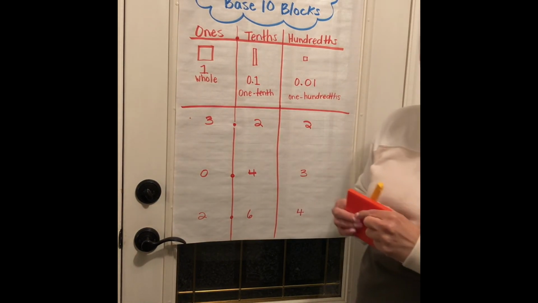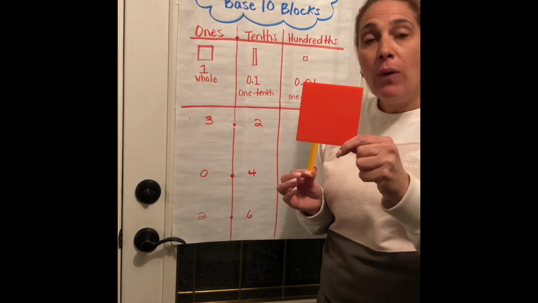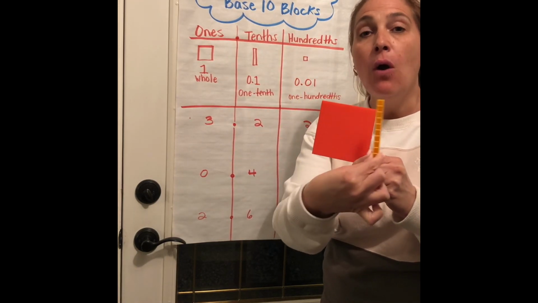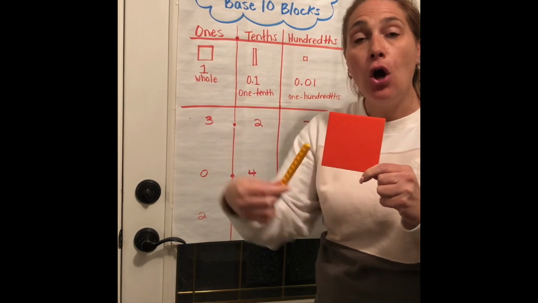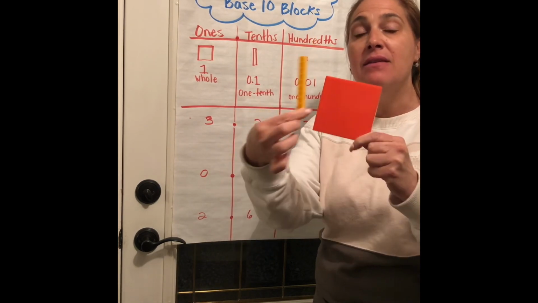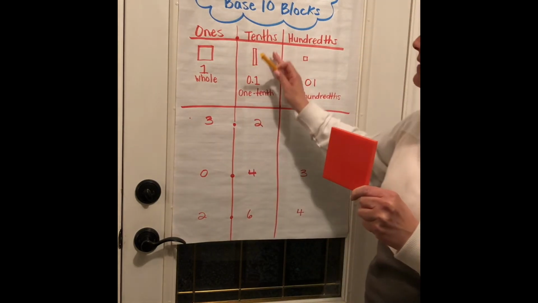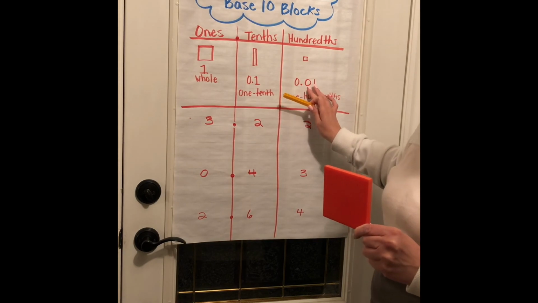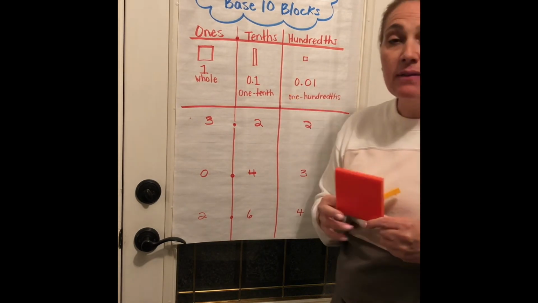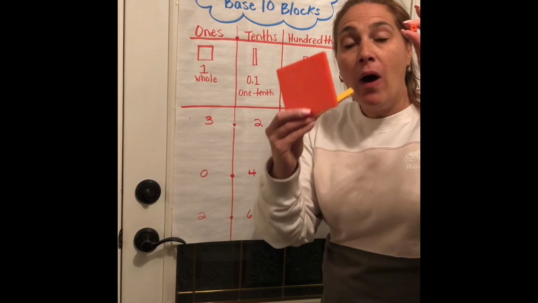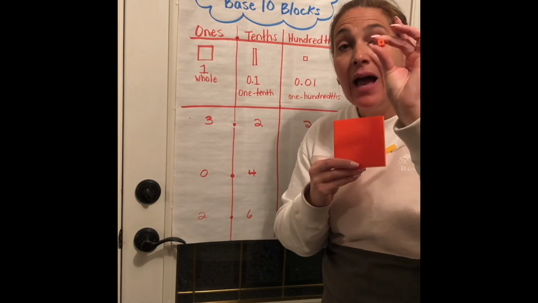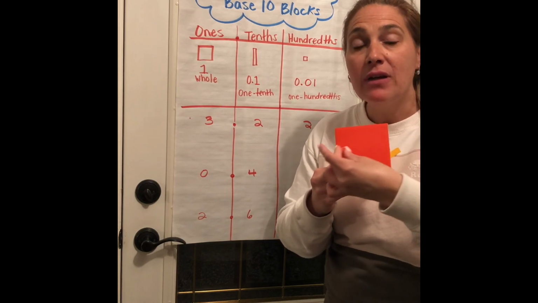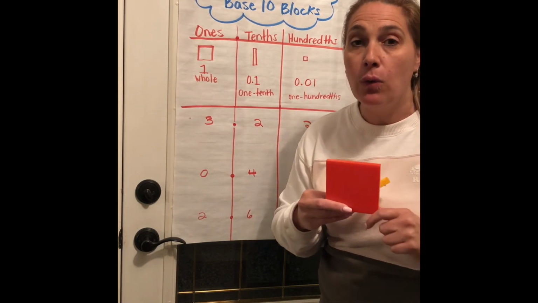So when you think about the square, you know that there are 10 rows or 10 rods or 10 columns. 10 of these makes up one whole. 10 tenths make up one whole. When you think about the 1/100th of a decimal, one whole makes up 100 of these little cubes. So 100 of these little cubes fills up this whole square.